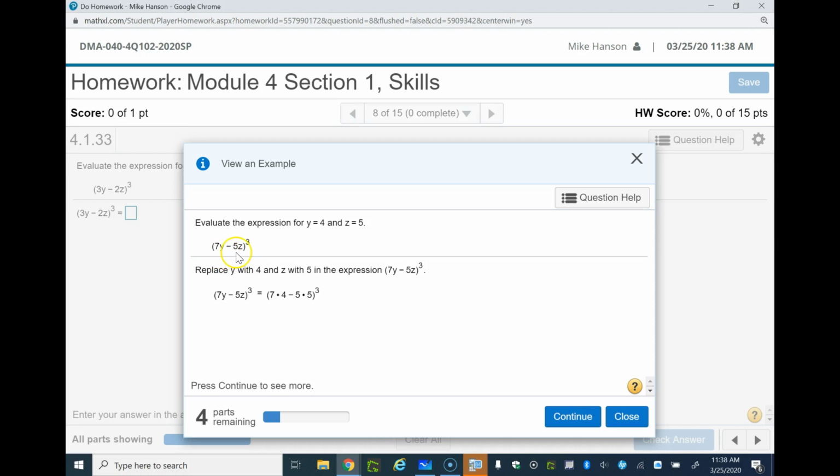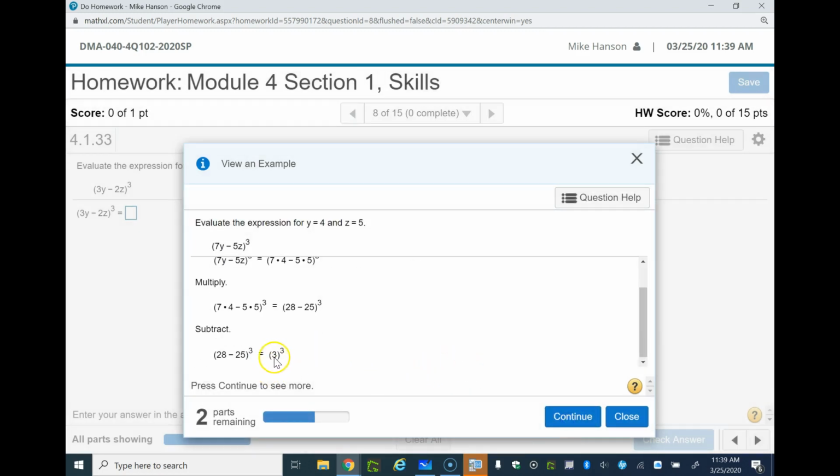We're going to do what's inside the parentheses first by multiplying the 7 and 4 together and the 5 and 5 together, then subtract them, and once we've completed everything inside the parentheses, we'll raise it to the third power. So 28 minus 25 gives us 3 to the third, and that's just going to be 27. So 3 times 3 times 3 gives us 27.